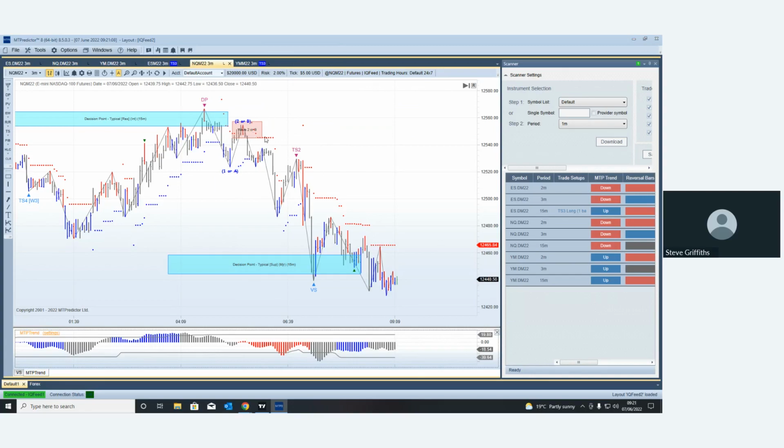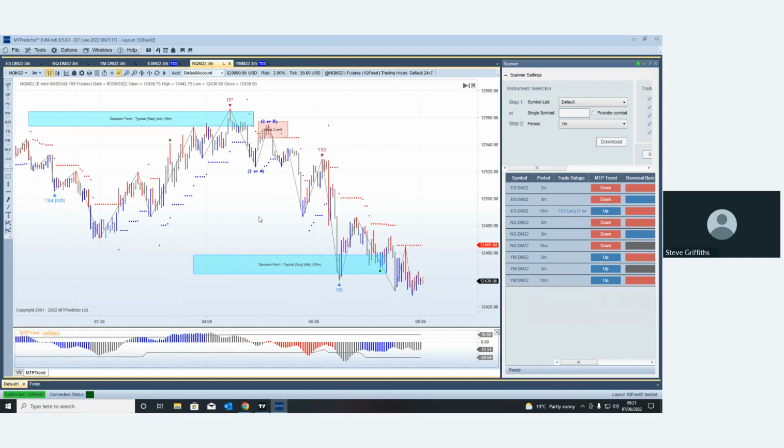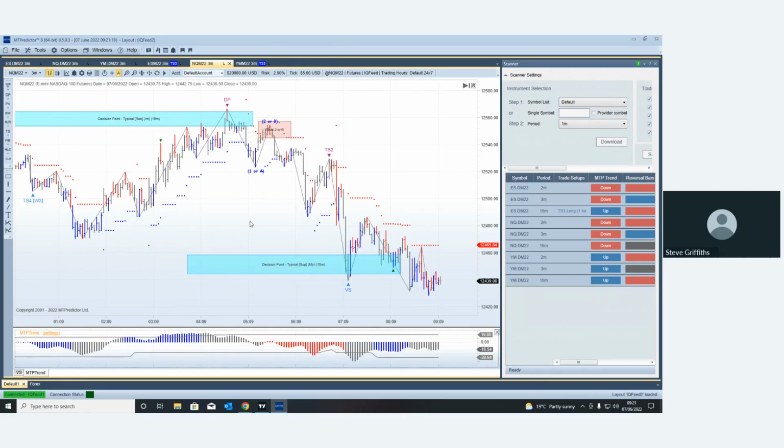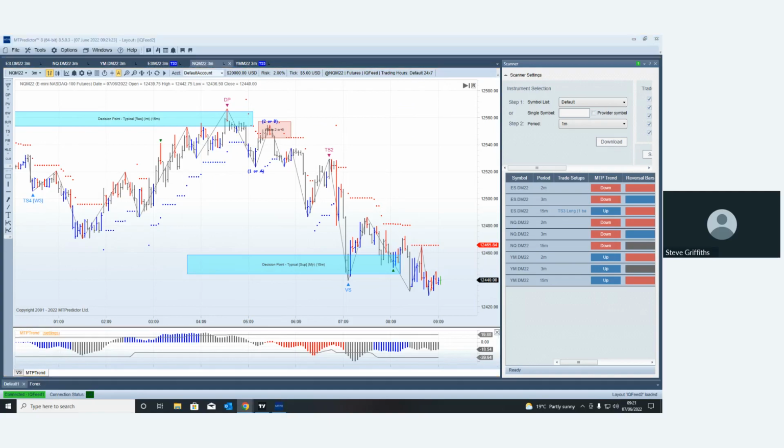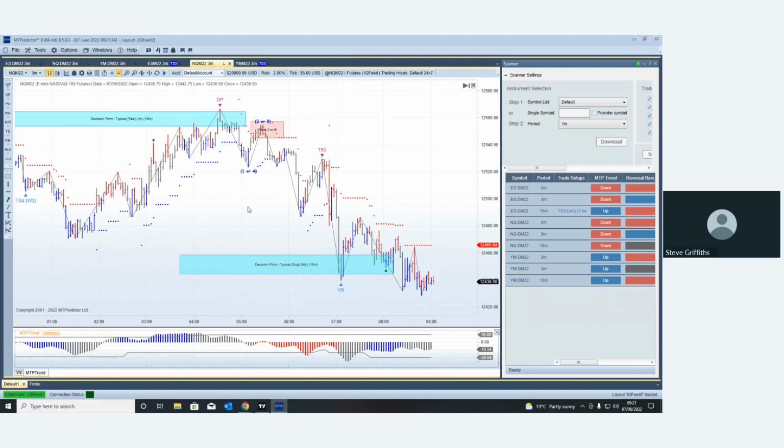It's a toolbox that allows you to use these tools to uncover and manage your trades far, far greater than just purely and simply looking at the automatic trade setups on the surface. So this is why I always want you guys to come into the training like this to be able to see how to take MT Predictor to much, much higher levels. So some great examples there.